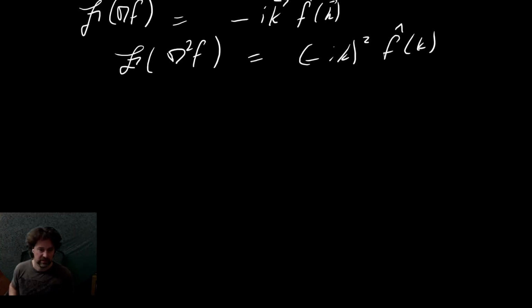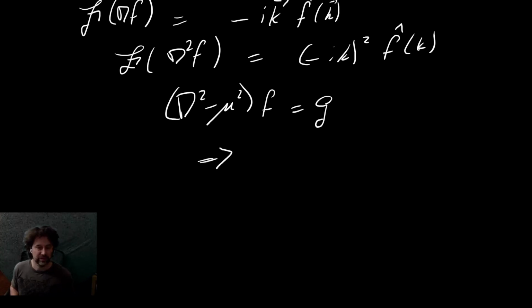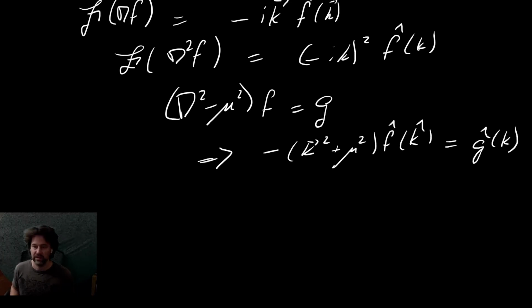So now we could say that grad squared minus mu squared f equals g in momentum space is: minus i squared is plus i squared, which is minus 1, so minus k squared plus mu squared f hat of k equals g hat of k.